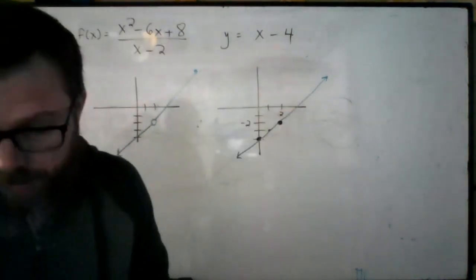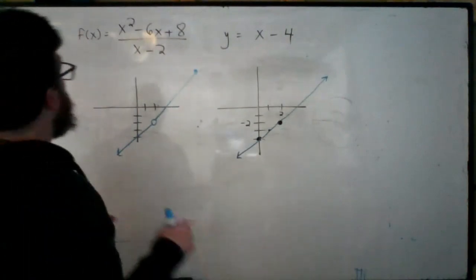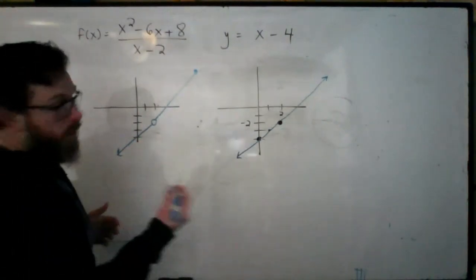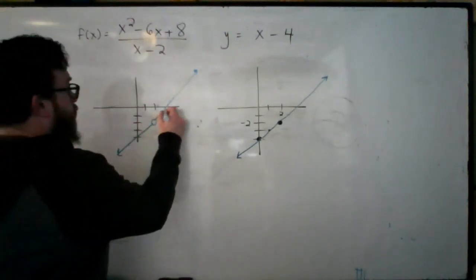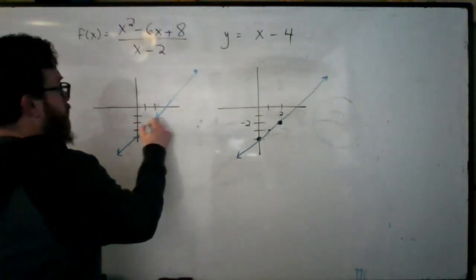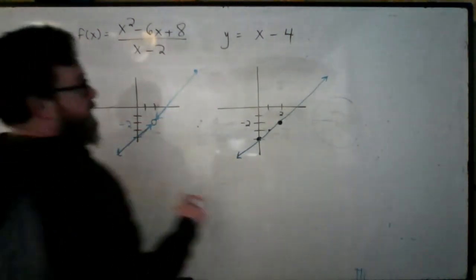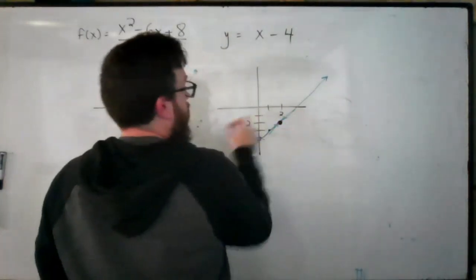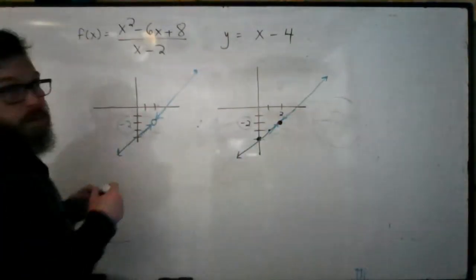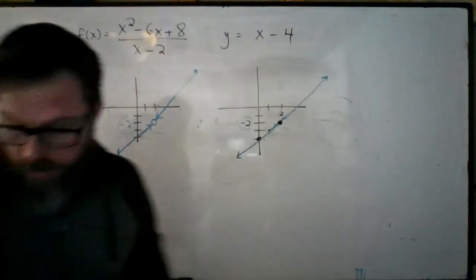But remember, the limit doesn't care about the point at 2. It cares about really, really close to 2 when we're talking about its limit. So as I'm approaching 2 from this side, or I'm approaching 2 from this side, we can see that we get close to negative 2. And same thing here. As I approach 2 from the right or from the left, you can see that the y value approaches negative 2 in both cases. That's why these two functions, even though they're not identical, do share the exact same limit.